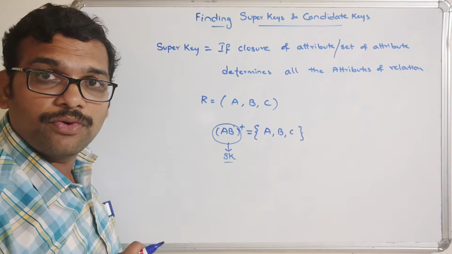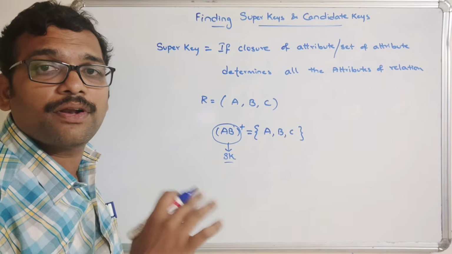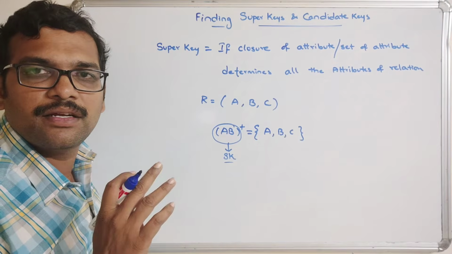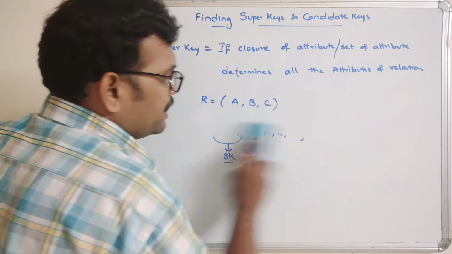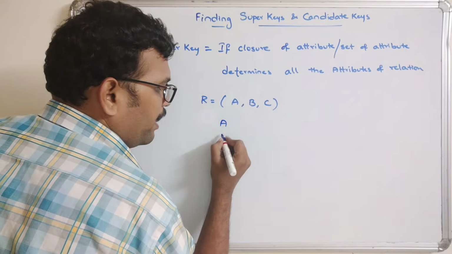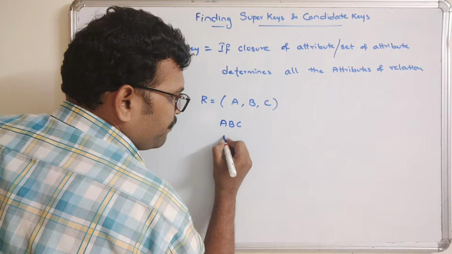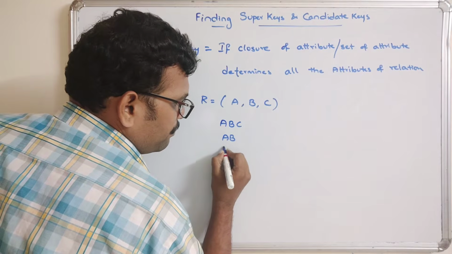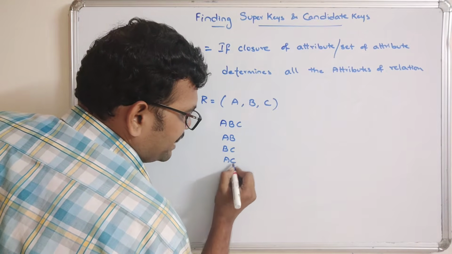So for that, what do we have to do? We have to find the closure for all possibilities. For example, with three attributes, we need to find the closure for ABC, AB, BC, AC.